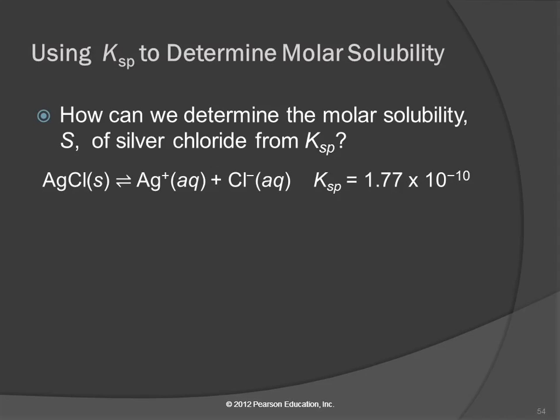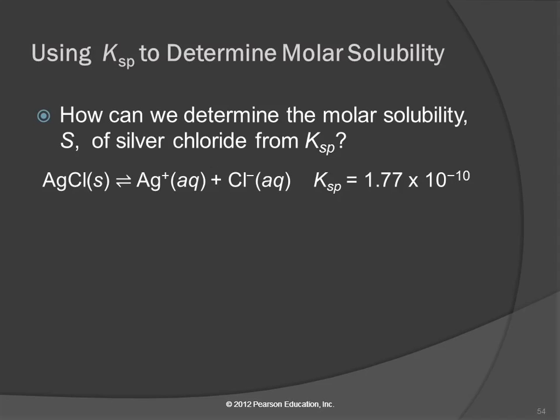Well, we go about it by finding these concentrations. If 1 mole of silver chloride dissolves, how many moles of silver ions do I get? 1. And I get 1 mole of chloride ions, right? How many moles per liter would be equal to the concentration of this that I end up with?